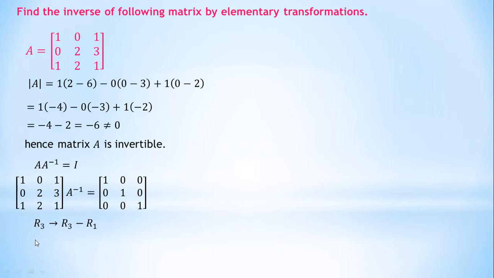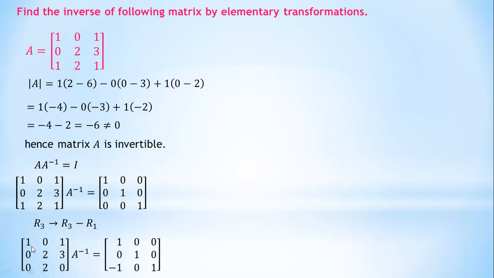If you do the rough work, see how we change row number 3: subtract row number 1 from it and keep row number 2 as it is. Here 1 minus 1 we get 0, then 2 minus 0 is 2, and here also 1 minus 1 is 0.